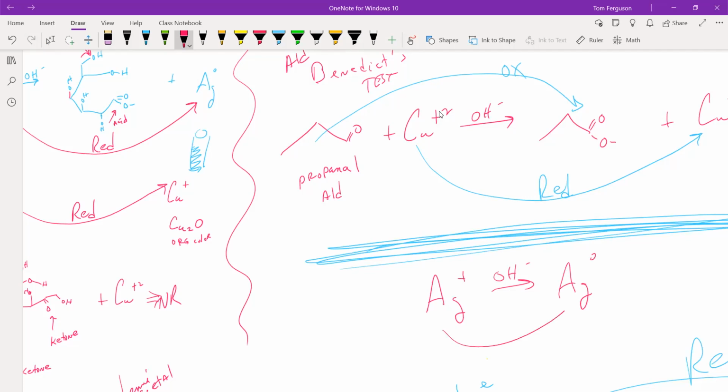So we're going to go to silver metal. And then the aldehyde would also be oxidized to the acid salt.